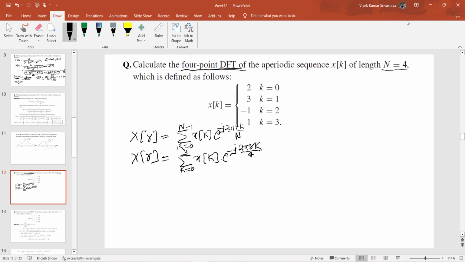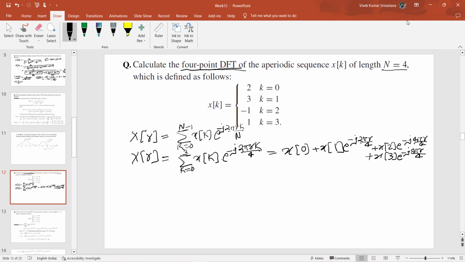Now we can further expand this expression: x of 0 plus x of 1 e raised to the power minus j 2 pi r by 4 plus x of 2 e raised to the power minus j 4 pi r by 4 plus x of 3 e raised to the power minus j 8 pi r by 4.